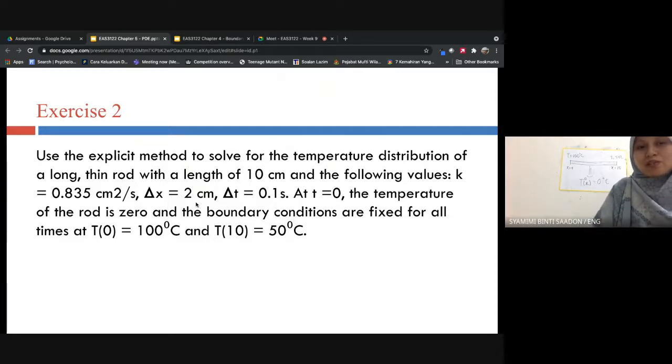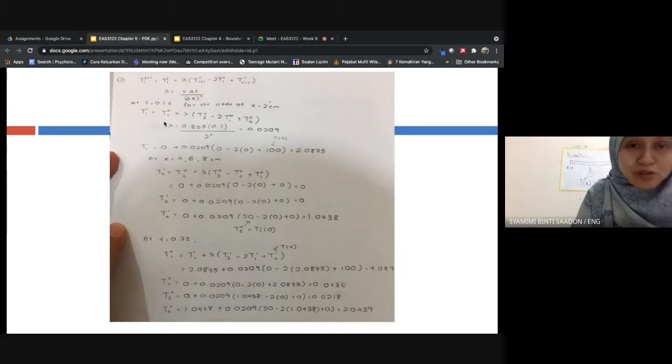For this exercise, we have to calculate until x5, because the step size is 2 centimeters, so we have to do the calculation until node 5 to reach 10.